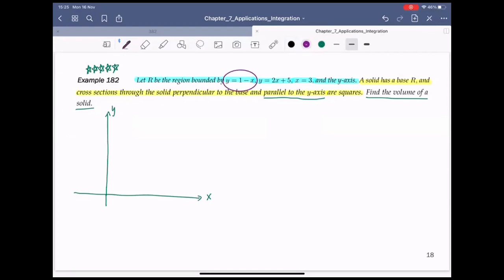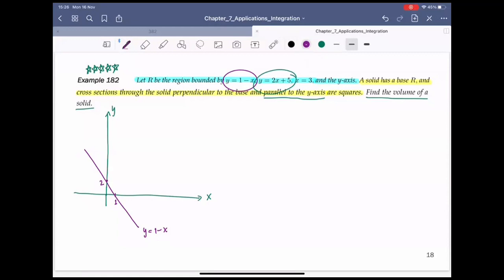All right, so it's going to pass x equal to 1 here, x equal to 2 here. All right, y equal to 1 minus x. The next one is y equal to 2x plus 5. Okay, I'm going to draw this thing 2 and 1. So, all right, good.